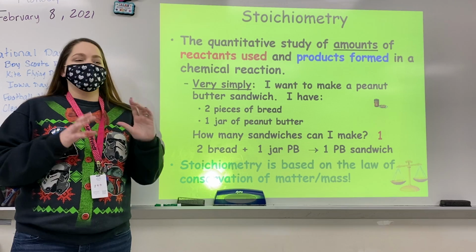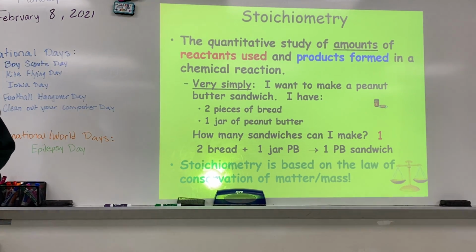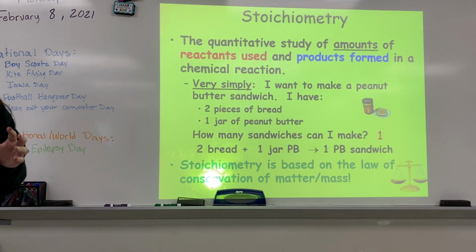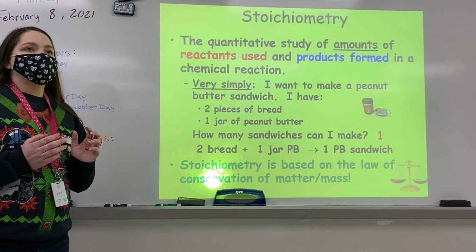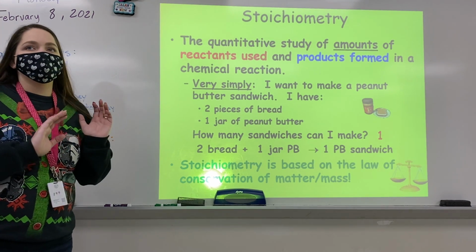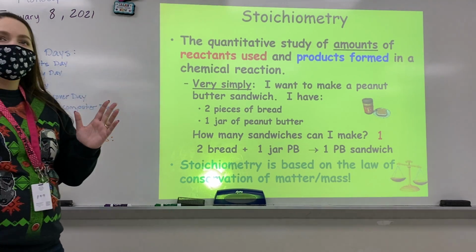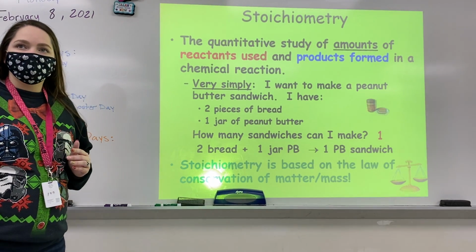So if we have a certain number of reactants, how much of our product can we make? But you can use stoichiometry not just between products and reactants. You can use it between both of your reactants or both of your products. Okay, but most of the time we're going to go from reactants to products.